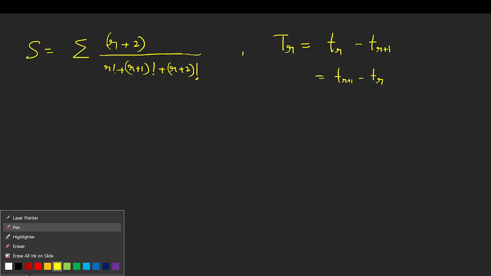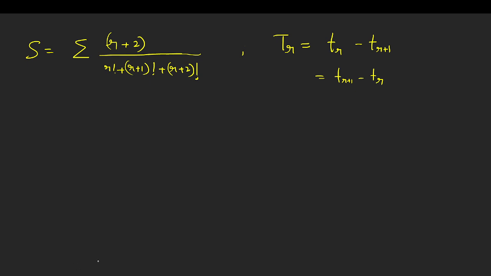So that's one method which I always use whenever I come across a series which I can't solve with the help of any general method. So that's one thing I always try to use here.